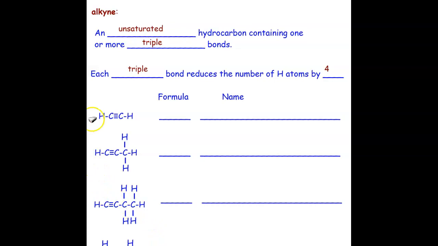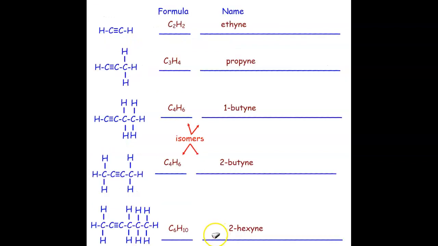When we name the first alkyne, it has the name ethyne. Try to use the patterns to determine the names of the rest of the molecules on this page. 3 carbon atoms gives us propyne. 4 carbon atoms is butyne, but we have 2 possible structures.